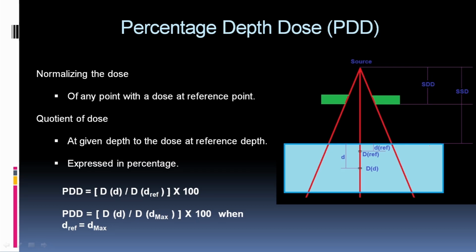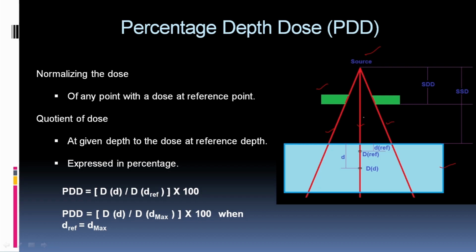In this diagram you can see that we have a source, a collimating system which defines the radiation beam, and a phantom here.